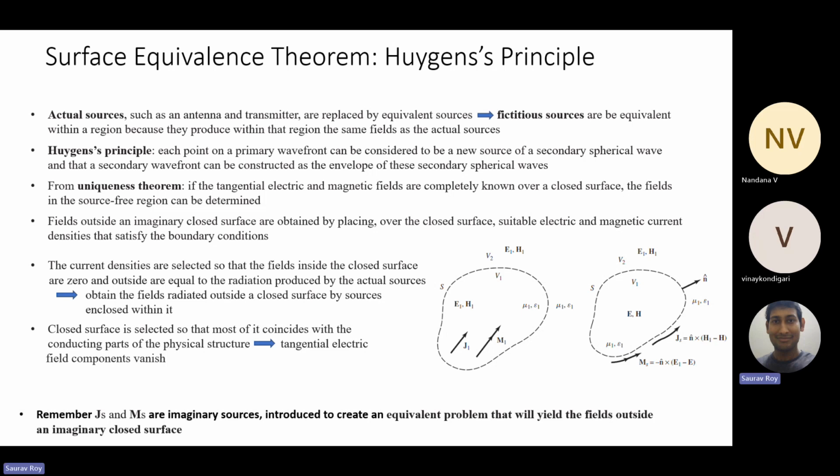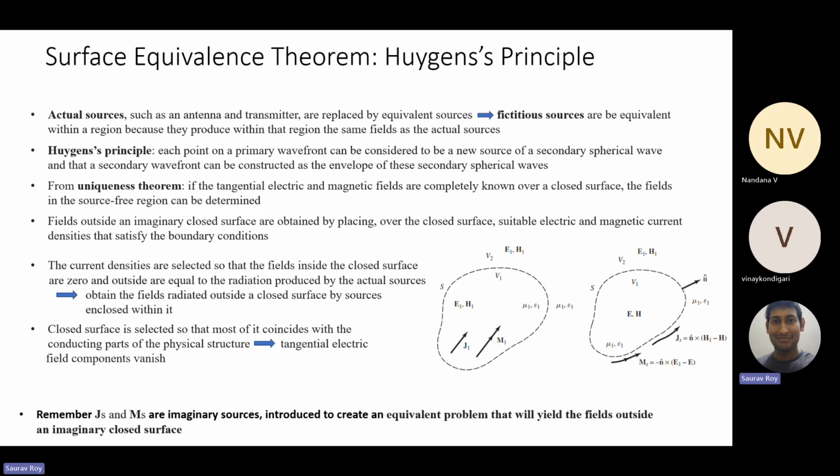Why it is called Huygens principle is because Huygens principle comes from optics and basic physics. It says that each point on a primary wave front can be considered to be a new source of a secondary spherical wave, and the secondary wave front can be constructed as the envelope of these secondary spherical waves.